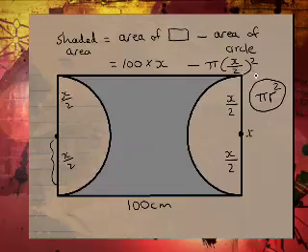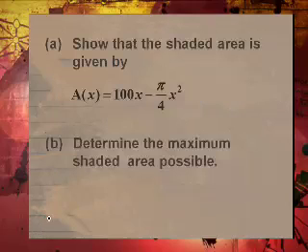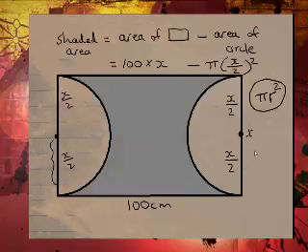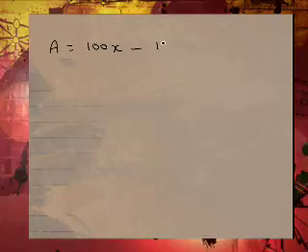Now let's see if this is of any use to what we want. Okay, let's just go back. Okay, 100x minus pi over 4x squared. Let's see if we can do something here. All right, so we've worked that out. We've got the shaded area being 100x minus pi r squared.